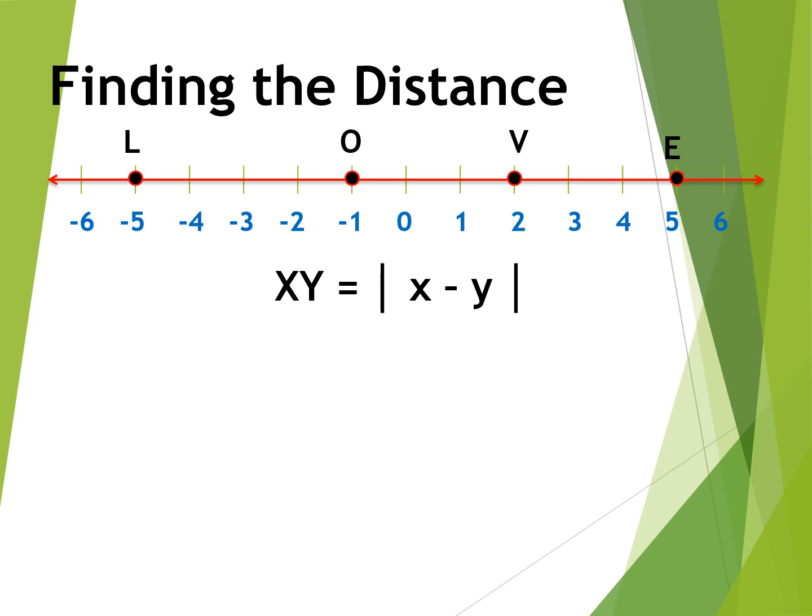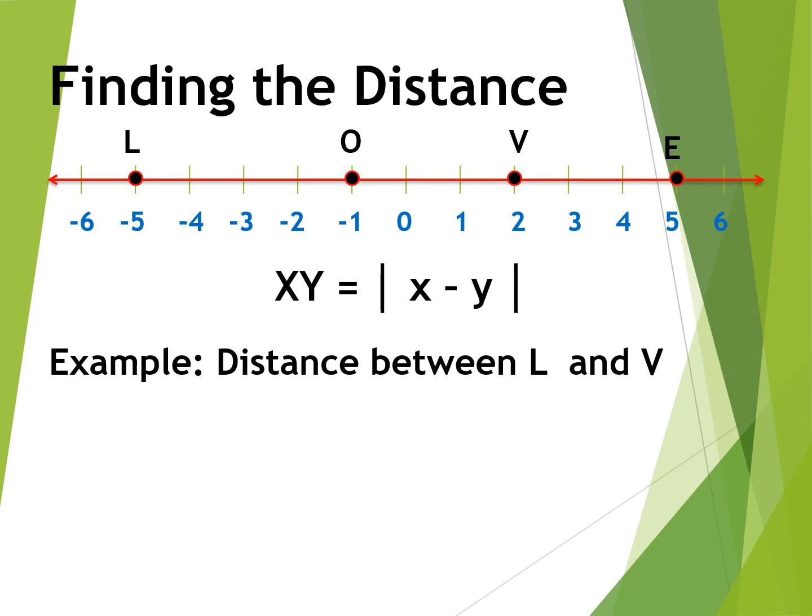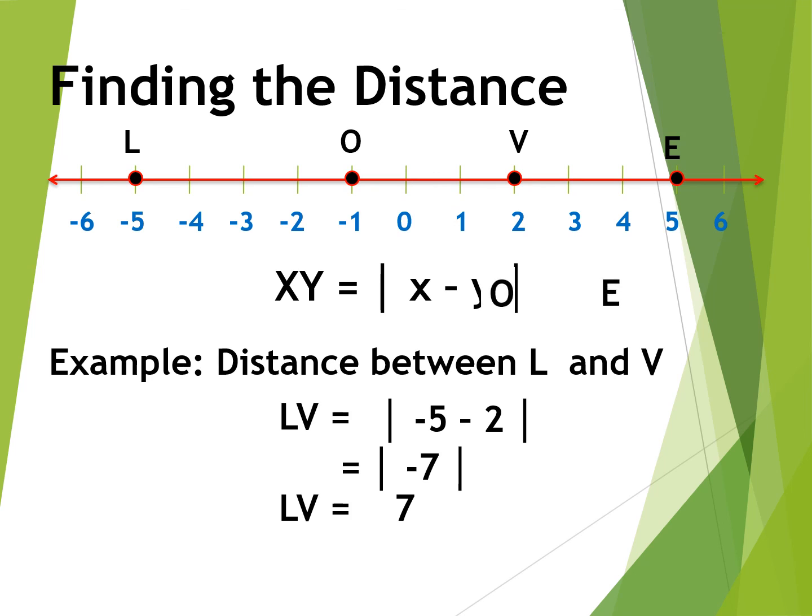XY is equal to the absolute value of the first coordinate minus the second coordinate. For example, the distance between L and V: the coordinate of L is -5 minus the coordinate of V, which is 2. Getting the absolute value, we have 7. So 7 is the distance from L to V.